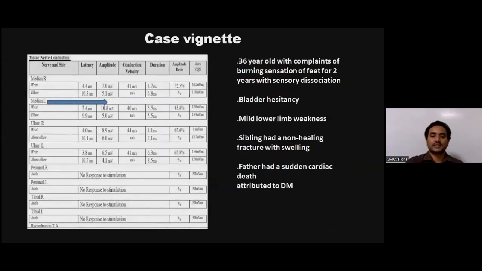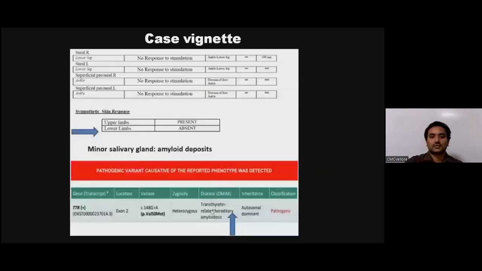It's a small case vignette. A 36-year-old came with complaints of burning sensation of feet for 2 years with sensory dissociation. There is mild bladder hesitancy, mild lower limb weakness, and a sibling had a non-healing fracture with swelling, and father had this one.